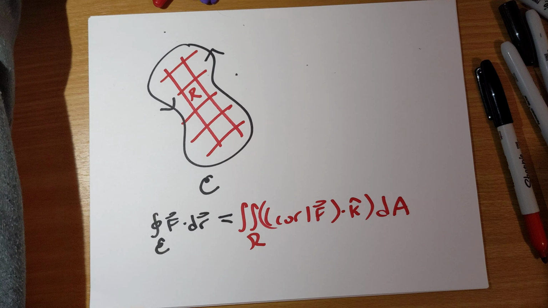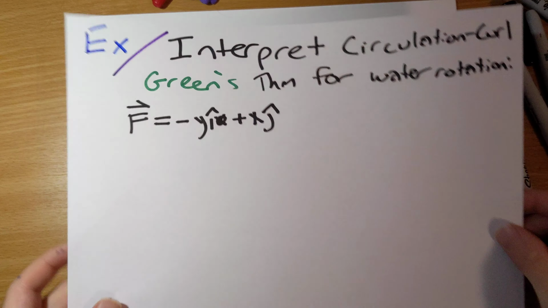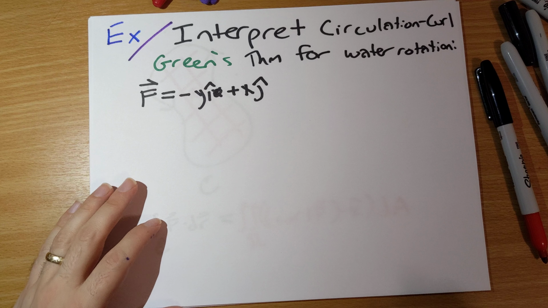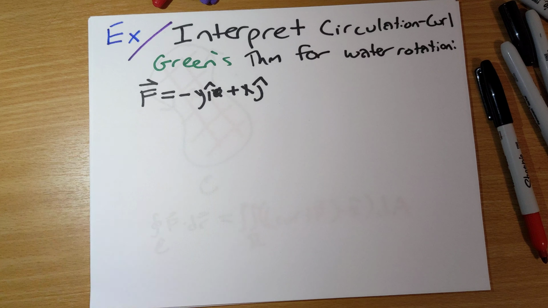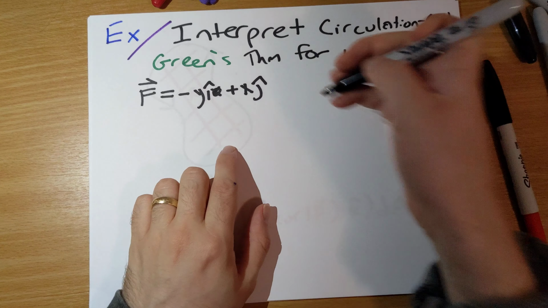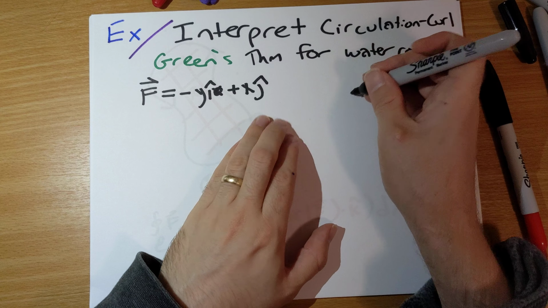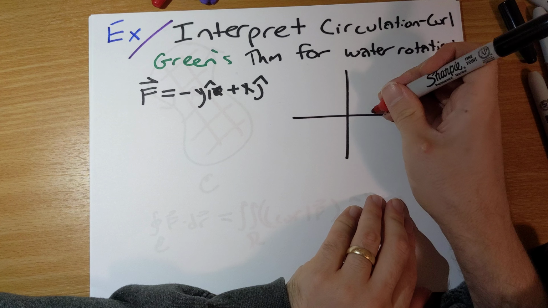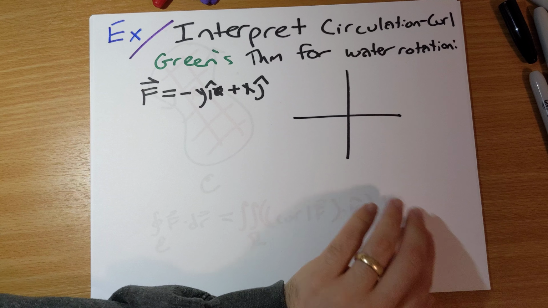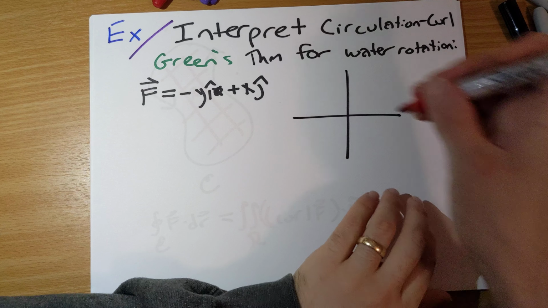So before we do anything else here, let's interpret circulation curl Green's theorem in the case of water rotation in this form. F is negative y i hat plus x j hat. So this looks something like, let's see here.